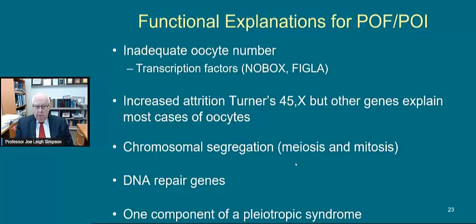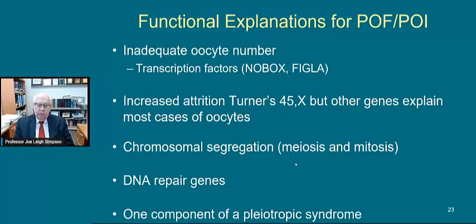Examples of this are familiar to us clinically. We know about Marfan syndrome as an example: tall, lanky, with problems with the eye and problems with the joints. That's an example of a pleiotropic syndrome. It turns out that the genes responsible for most cases of premature ovarian failure in fact represent DNA mutations and DNA repair.